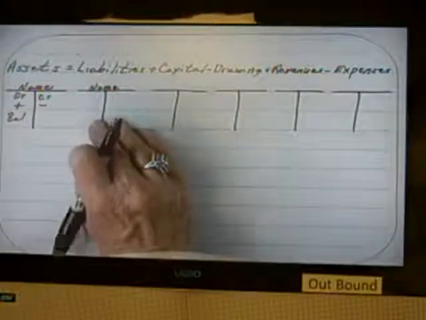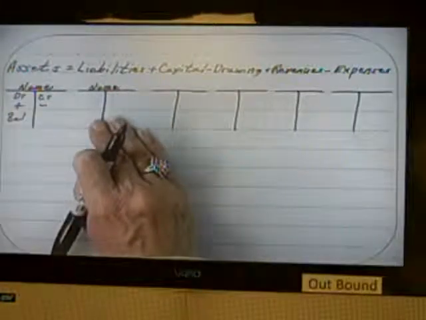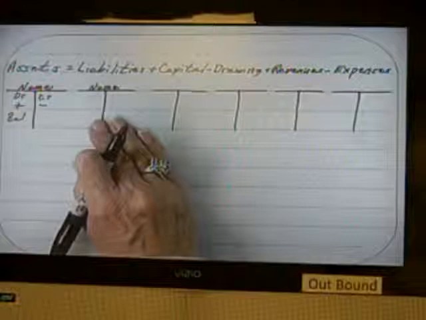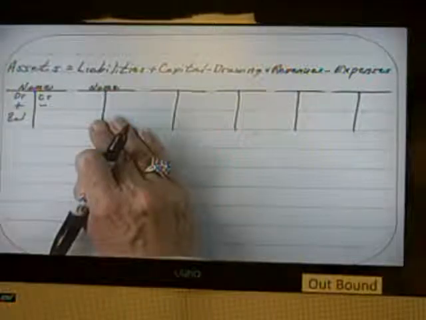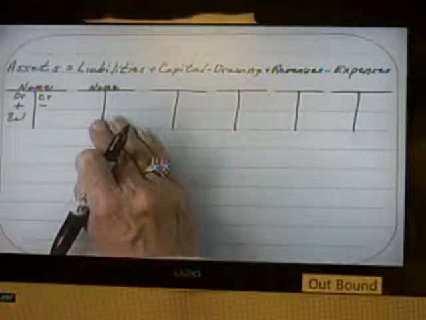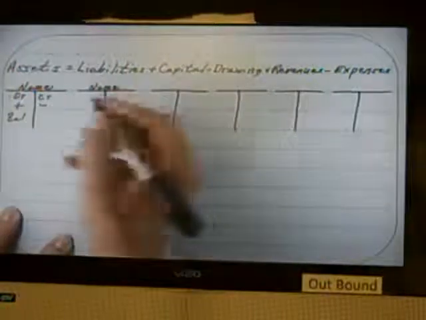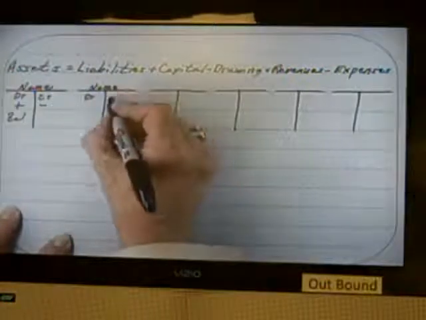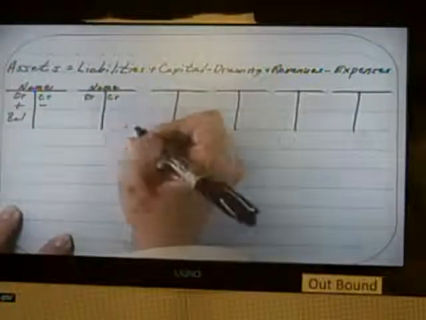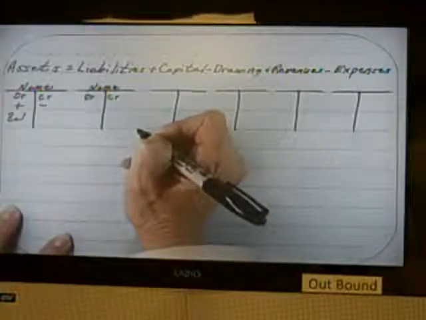Now notice something about these liabilities. Every one that I named either ended with the word payable or began with the word unearned. So your liabilities are easier to pick out because they normally have payable on the end of them or unearned on the beginning. Every liability account has a left side, which is the debit side. Every liability has a right side, which is the credit side.